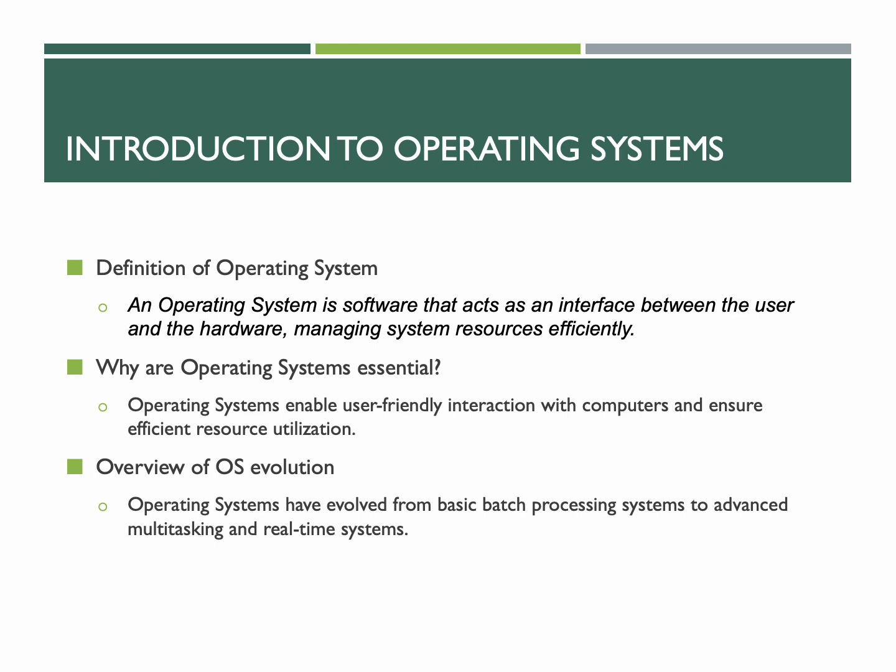It ensures the efficient management of system resources. Think of the operating system as a traffic controller that organizes all the hardware and software in your computer to work harmoniously. So why are operating systems essential?